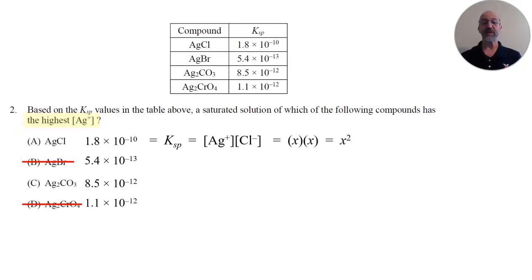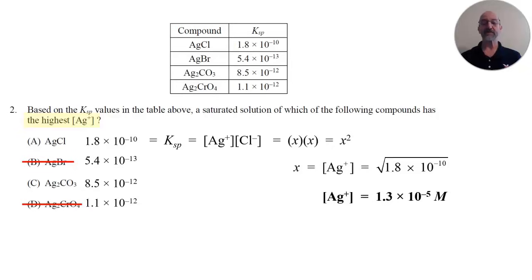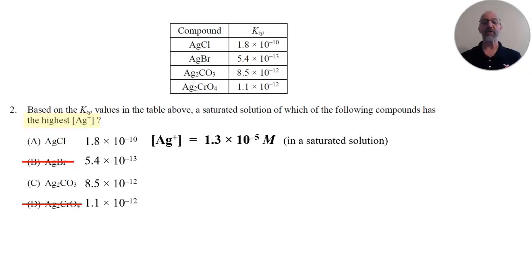So if the KSP equals X times X, or X squared, I will pick up my calculator and solve for the concentration of the silver ion in a saturated solution by taking the square root of this KSP. So the square root of 1.8 times 10 to the negative 10 gives me 1.3 times 10 to the negative 5. That number, 1.3 times 10 to the negative 5, would be the concentration of silver in a saturated solution of silver chloride.